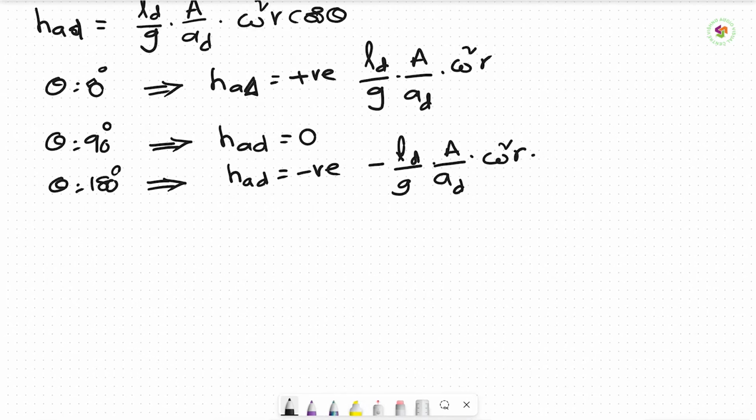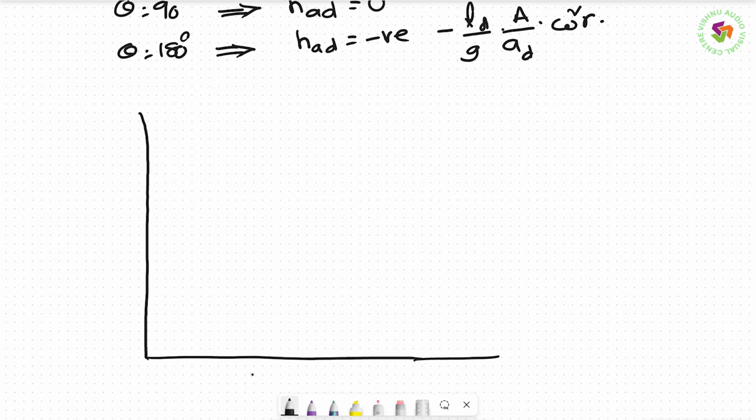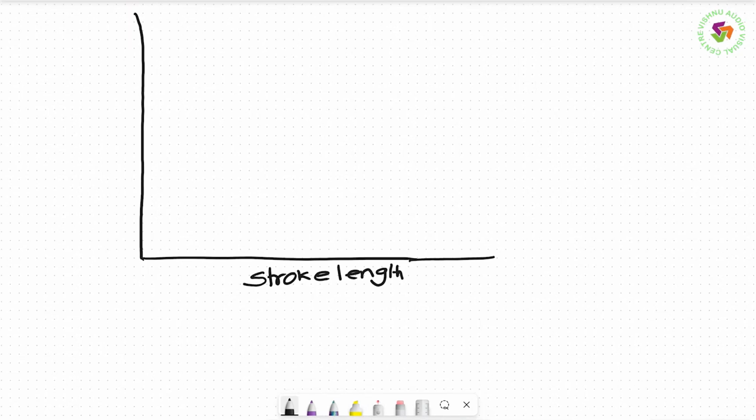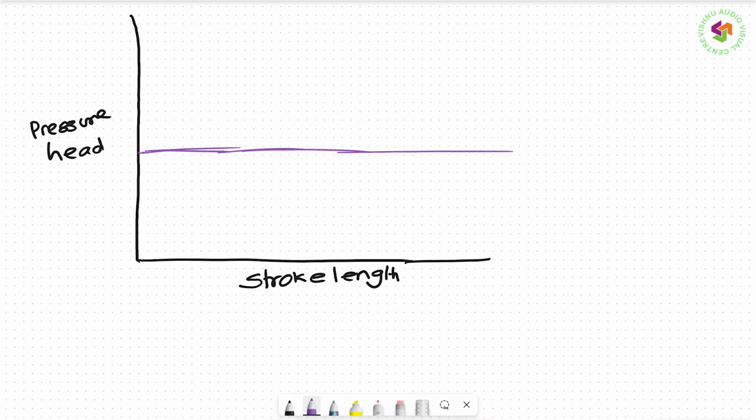So I wish to represent the same in the indicator diagram. You already know what an indicator diagram is. It is a diagram wherein on the x-axis we represent the stroke length and on the y-axis we represent the pressure head. If you draw like that, that is what we call the indicator diagram. First, we will draw the atmospheric pressure head, that is the practice.